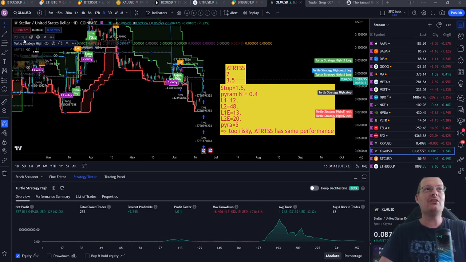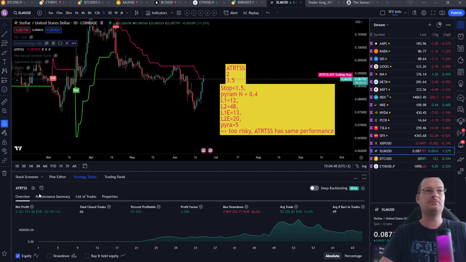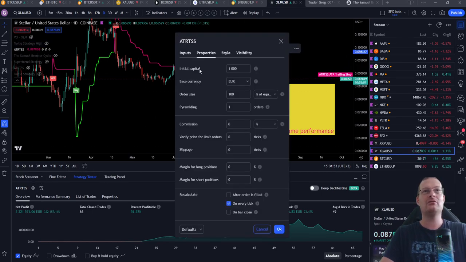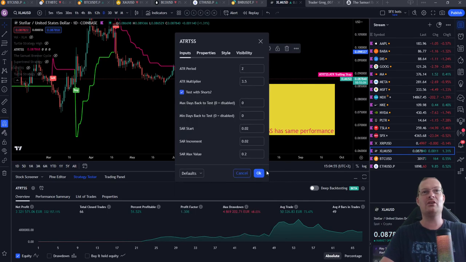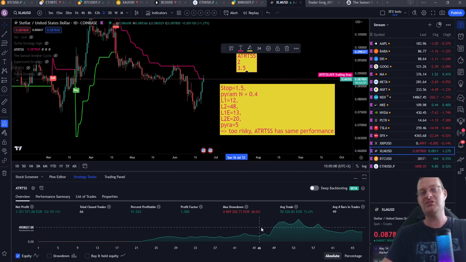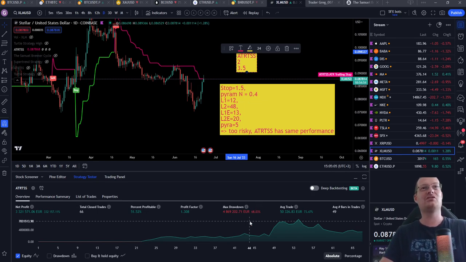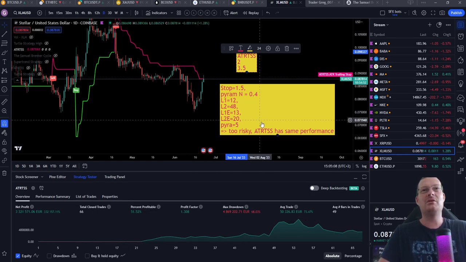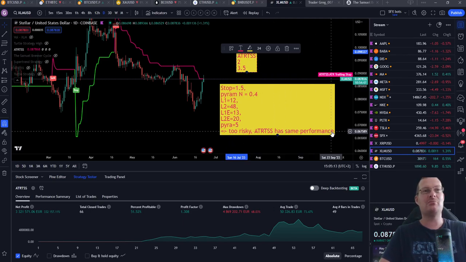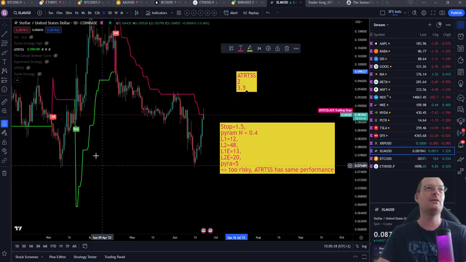But on the other hand, if you then switch over to the ATR trailing stop, with the setting 2 and 35, let's double check, 235, yes, then we have more or less the same percentage, but maximum drawdown is 68%. Which gives me more confidence in those results. So for me, as I mentioned here, too risky. ATR trailing stop has the same performance, so I rather trade the ATR trailing stop.